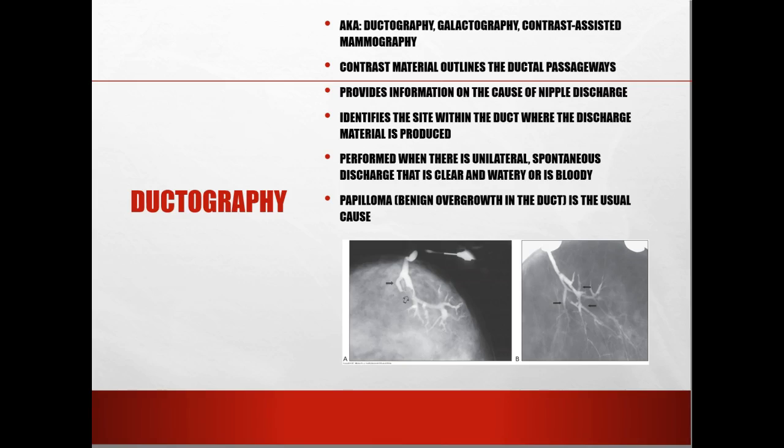On image A, you can see that one arrow is pointing to where there's some type of a mass that is restricting the flow of the fluid there in the duct. And so that's what they're looking for, to see if they see any disease there, to see what kind of problem there may be. It could be a benign papilloma, or it could be something that is carcinoma.